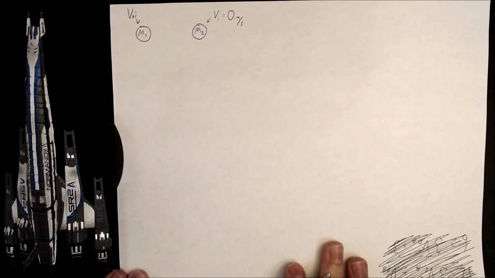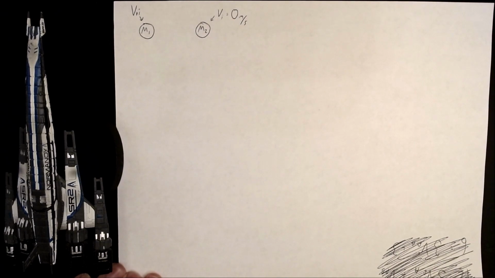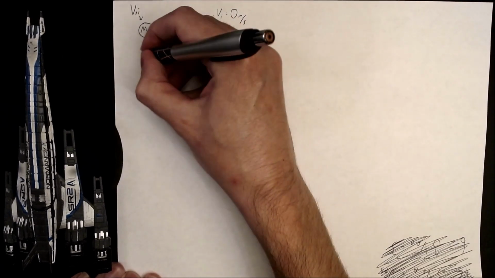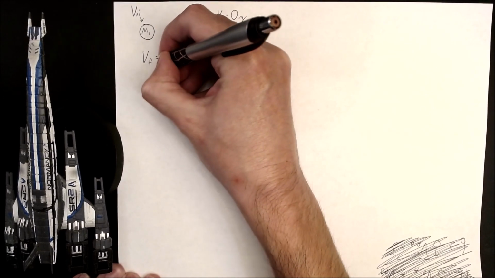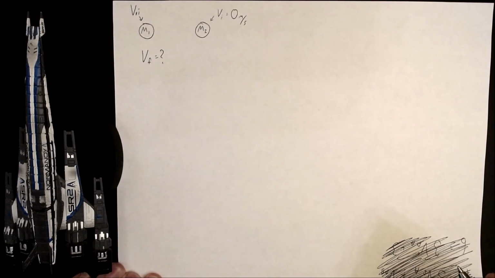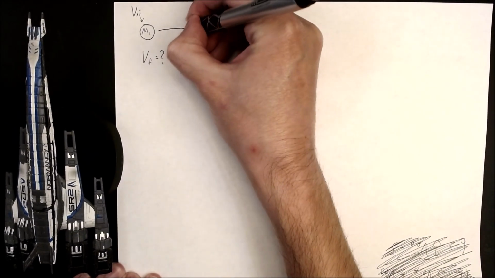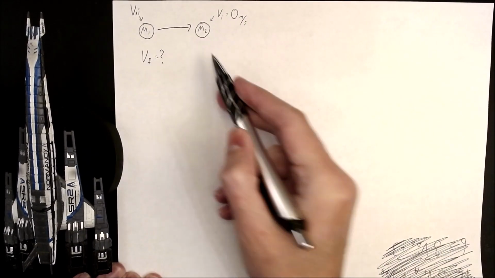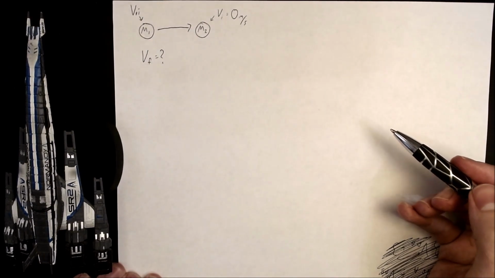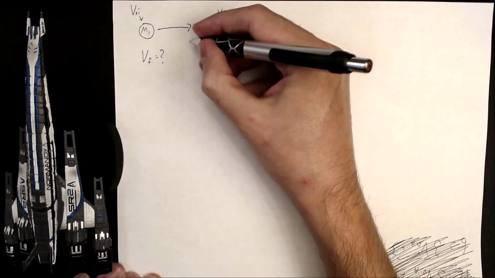We're going to have this being completely arbitrary. And we need to figure out some sort of function for the final velocity if the collision is perfectly inelastic, meaning if they bounce into each other and stick together, what is going to be the final velocity?